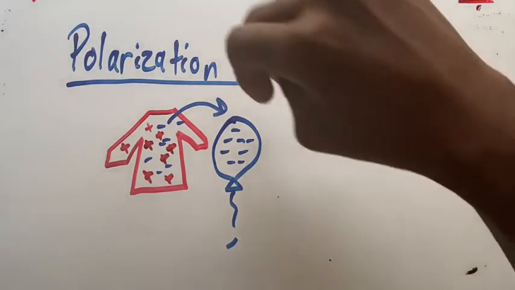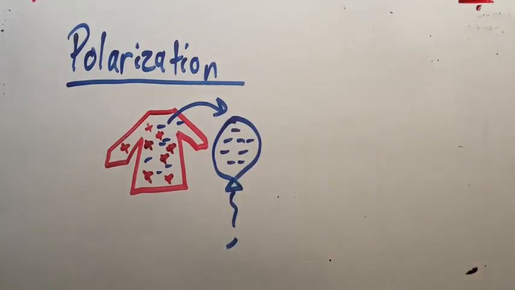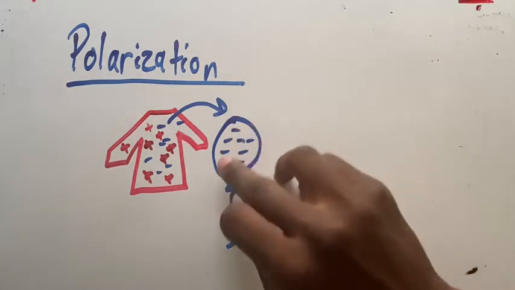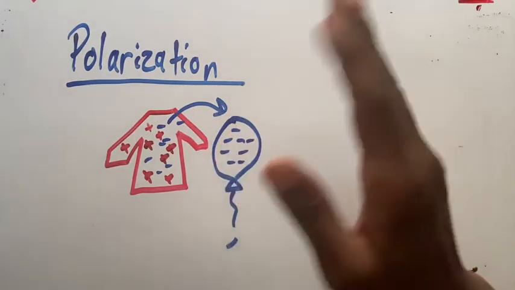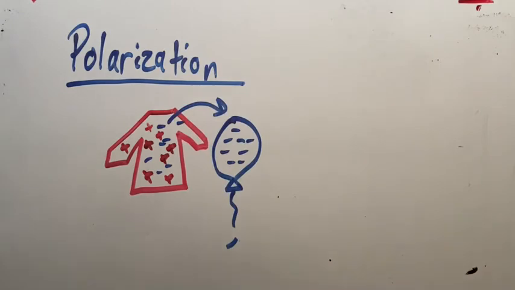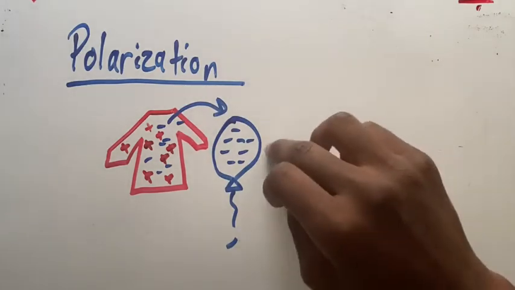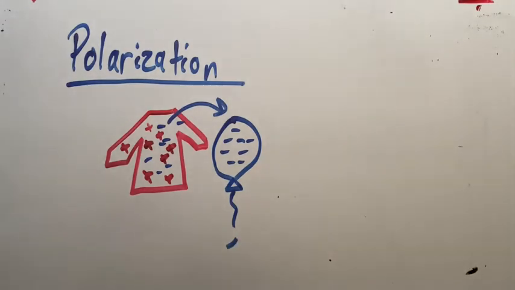So now polarization is just when the charges in that object move around. So let's say, now take this balloon, I put it next to the wall.